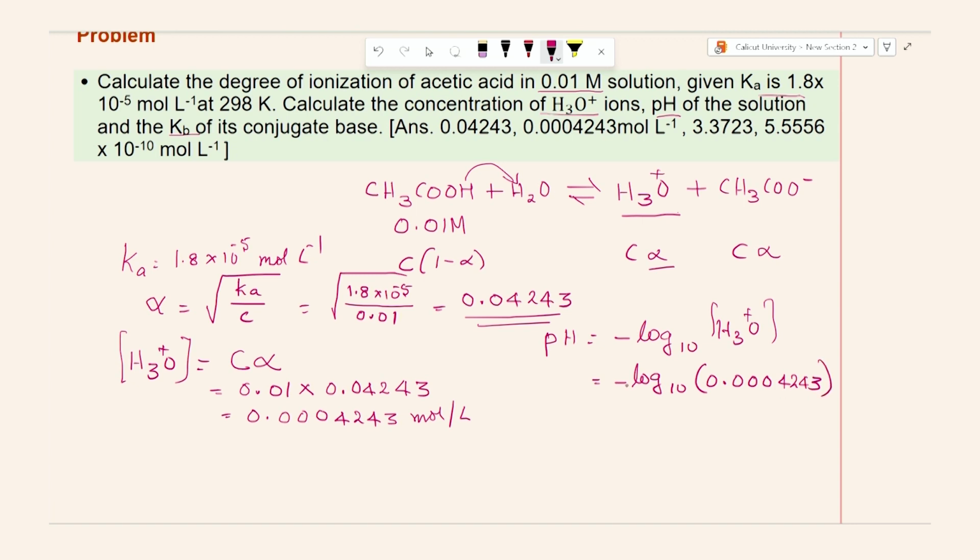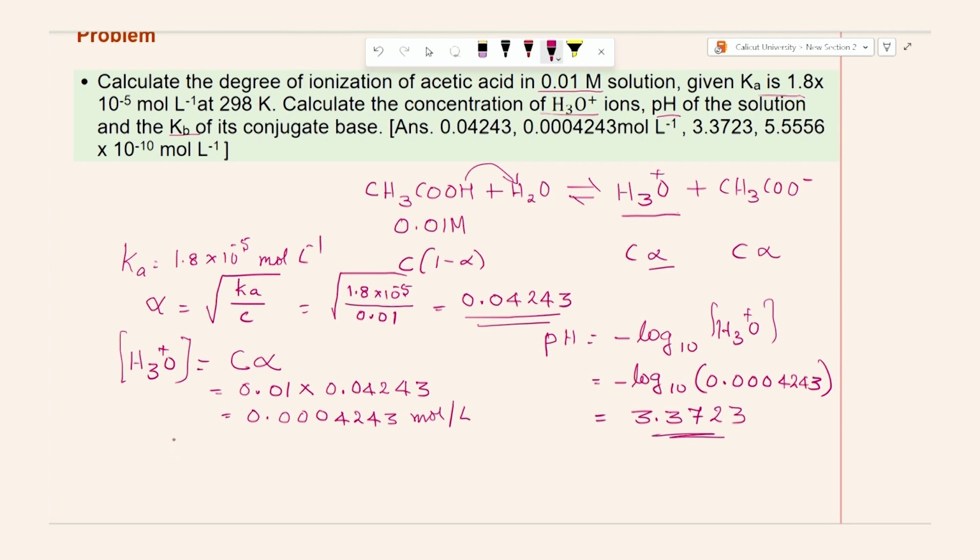Now, how to do it? First press the negative sign, press log, and in brackets you give the value. You get the answer as 3.37, that will be the pH.